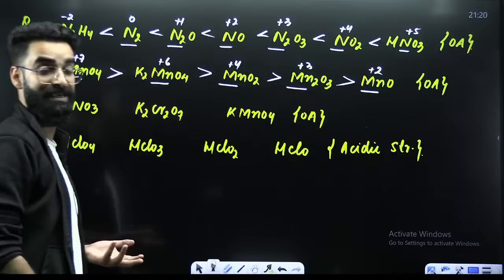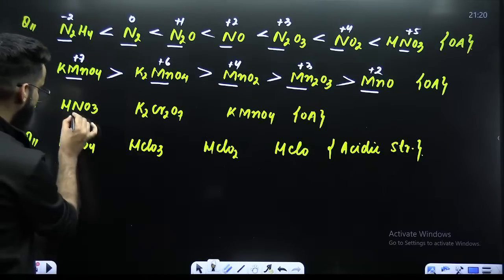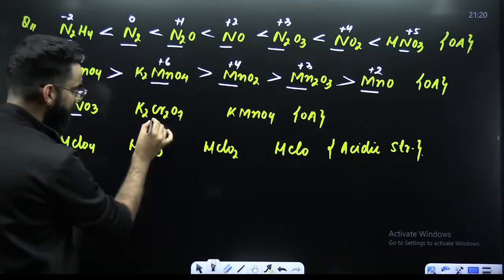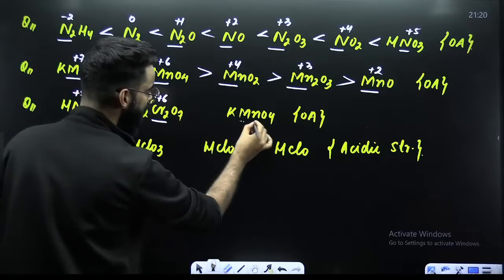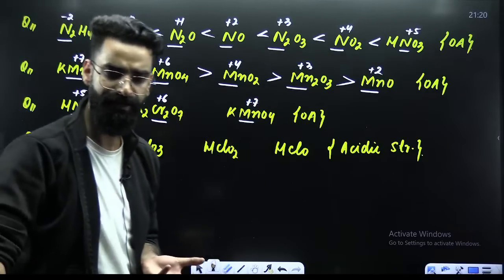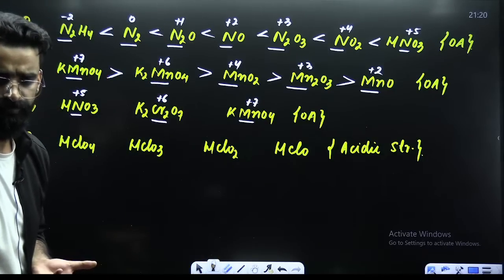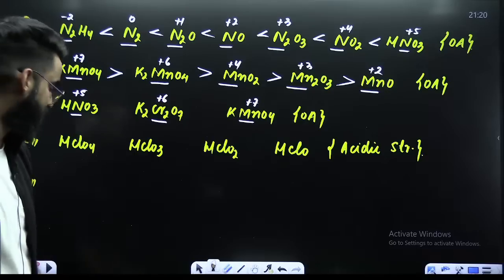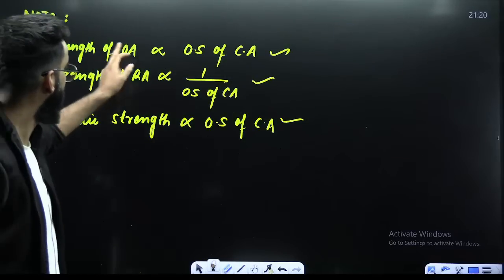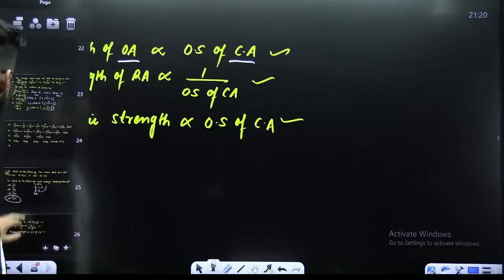Look here: nitrogen will be in +5 oxidation state, chromium in +6 oxidation state, and manganese in +7 oxidation state. The higher the oxidation state of the central atom, the stronger the oxidizing agent. So what is the answer to this question then?